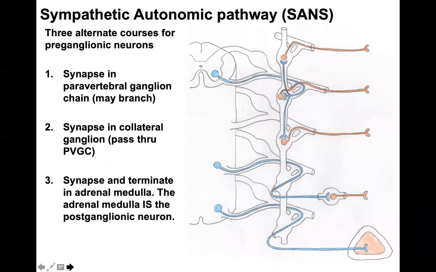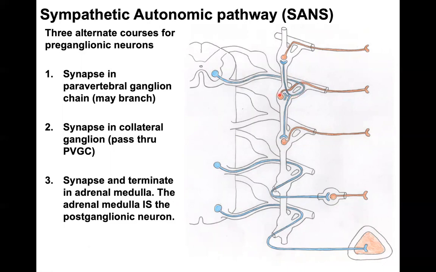What happens if they do branch? All of that is illustrated on the right here. So there are three different options. The first option is that the preganglionic neuron, here it is, with its cell body in the spinal cord, coming out through this ventral root, merging with the dorsal root to form the spinal nerve. And then it comes in through this white ramus.